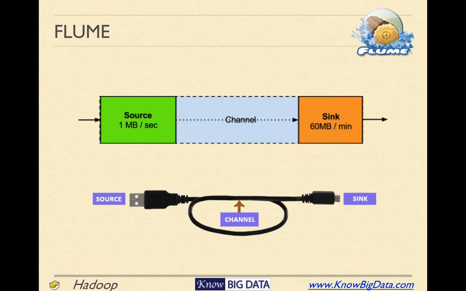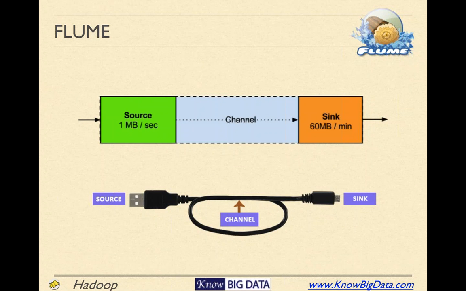Now we understand that source and sink are modular, so we can configure any kind of source, and any kind of sink. Now what's the point of having this channel? What if sink is a little slower, but when sink writes, it writes in bunch.